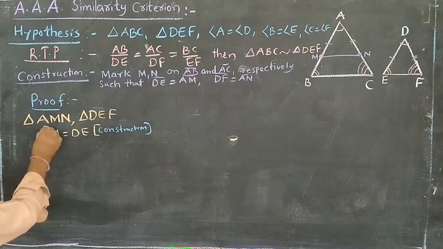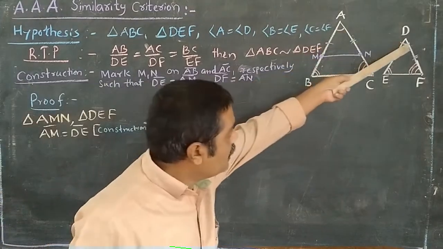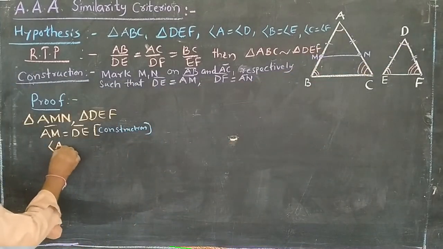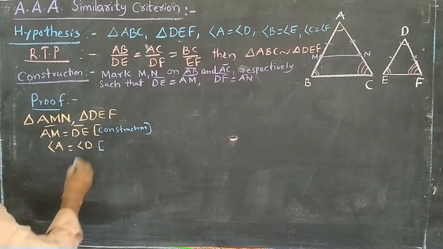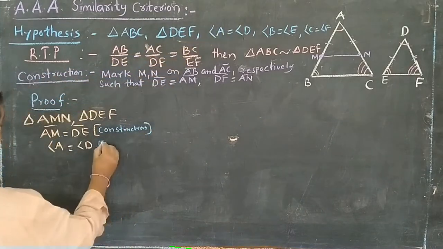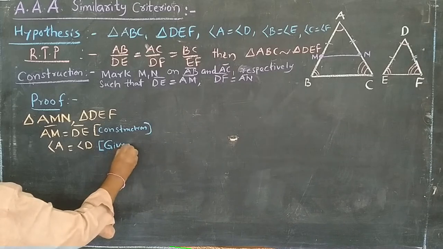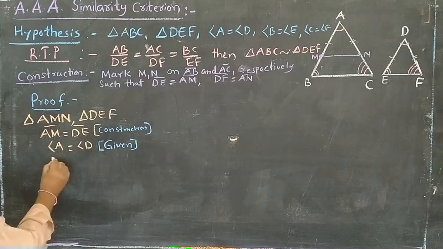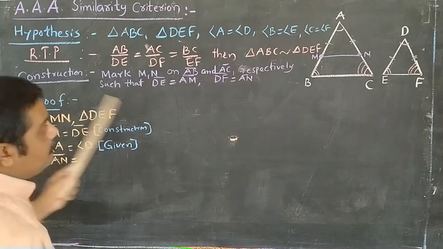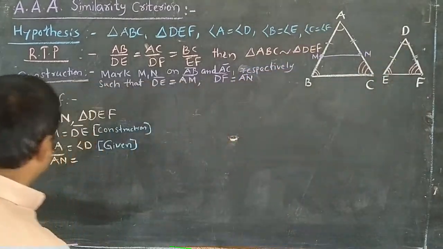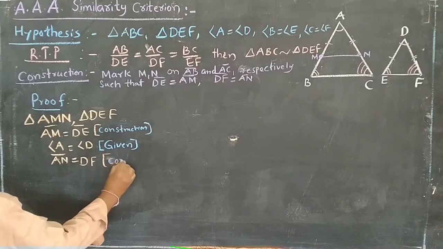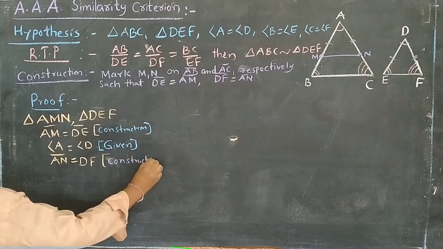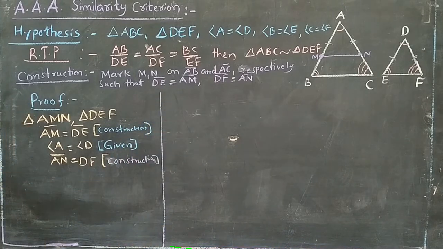Next, angle A is equal to angle D. How do you know this? According to the given, that is the hypothesis. Next, AN side is equal to DF. How are these two equal? This is also by the construction. Okay then. So these two triangles satisfy the conditions.